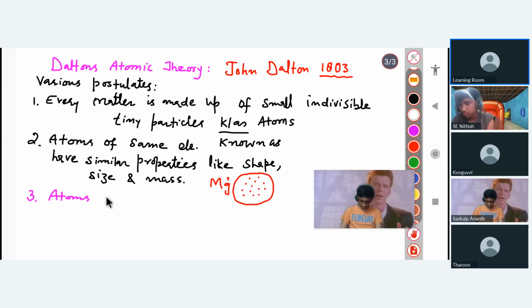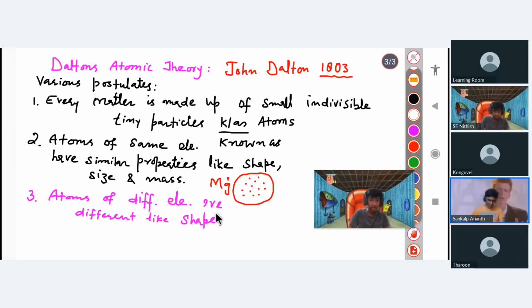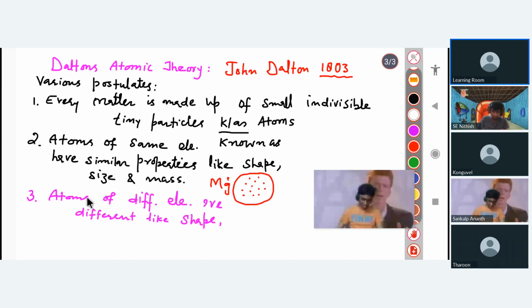What properties? Shape, size, and mass. This is the third postulate, so atoms of different elements have different properties, like shape, size, and mass. Got it?